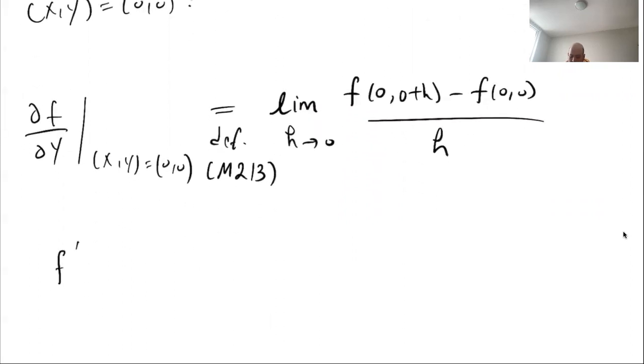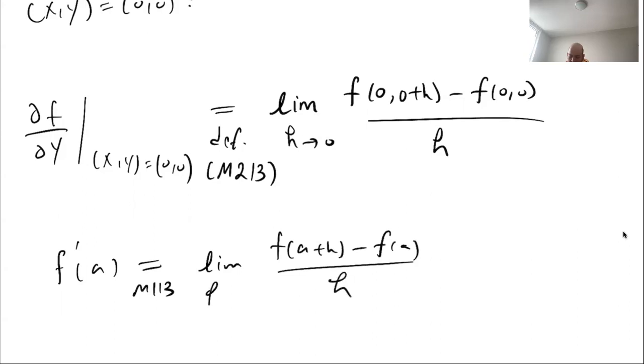See, if you compare this with the definition you saw in math 113, you had a function of one variable, and then you defined this as the limit of f of a plus h minus f of a divided by h as h goes to 0, right? So this is similar to that. The only difference is that this time we have a function of two variables, but one of them we fixed because it's a partial derivative with respect to y.